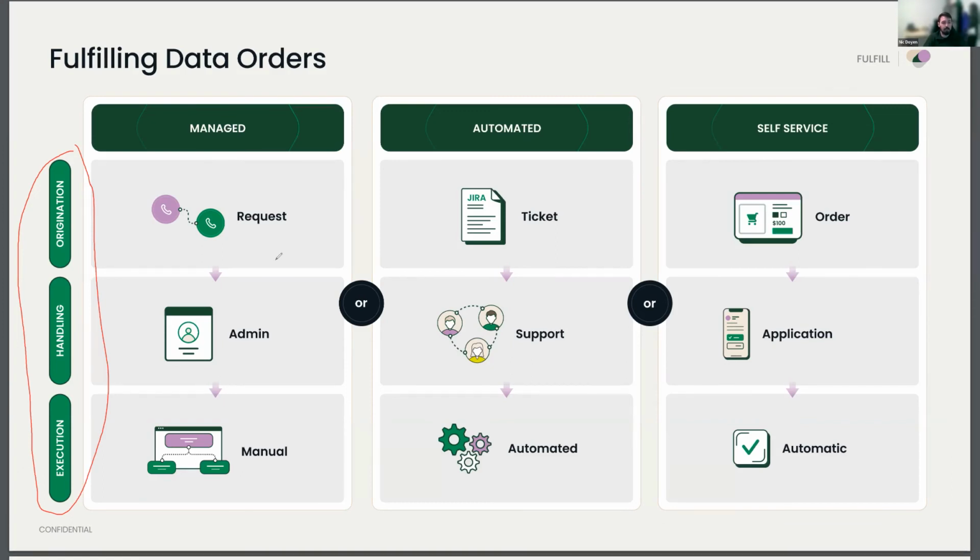Then handling looks at who is responsible for handling that order and walking through the procurement steps and the execution steps in order for the data to be produced and distributed to the consumer. And then finally, that execution stage, how is the actual data product produced? Is it produced ahead of time because it's a standard product? Is it produced after the fact because it's a custom product?